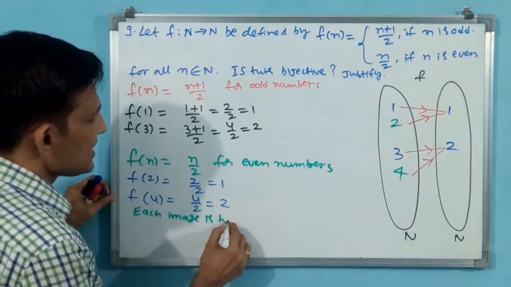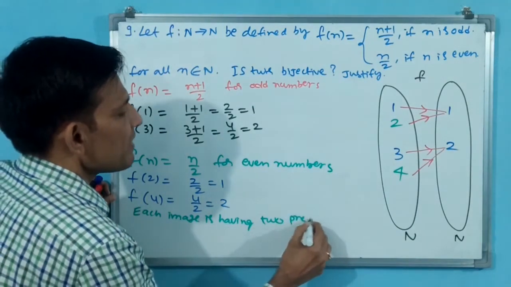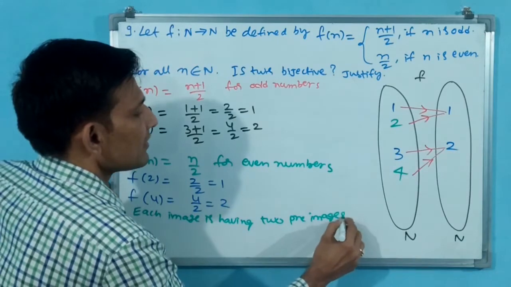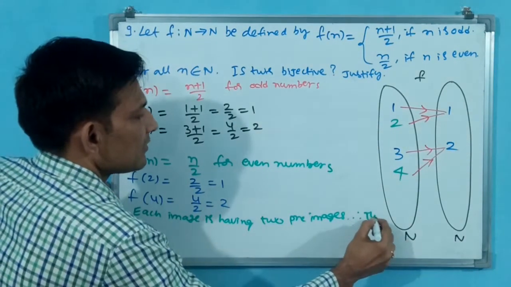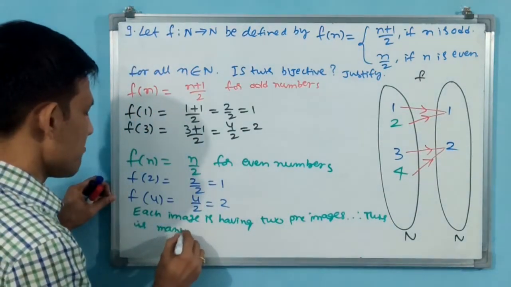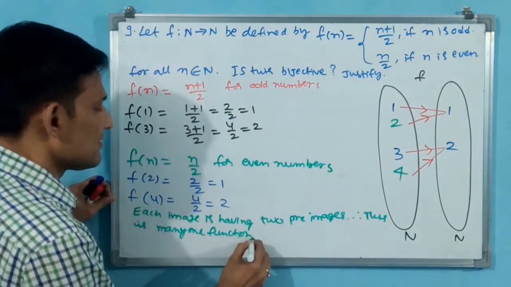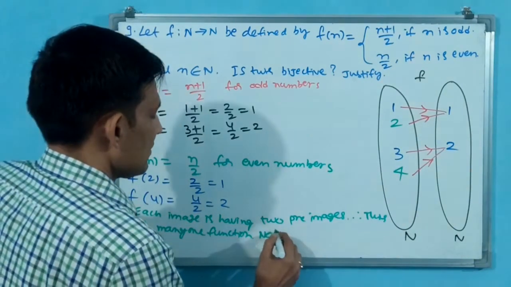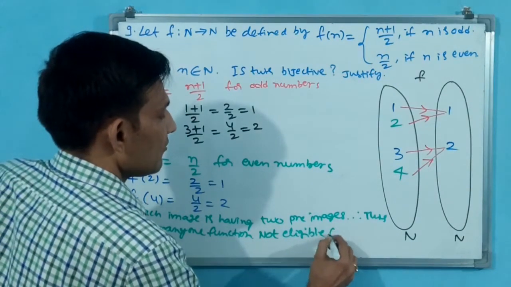Each image is having 2 pre-images. Therefore, this is a many-one function. Not eligible for bijective.